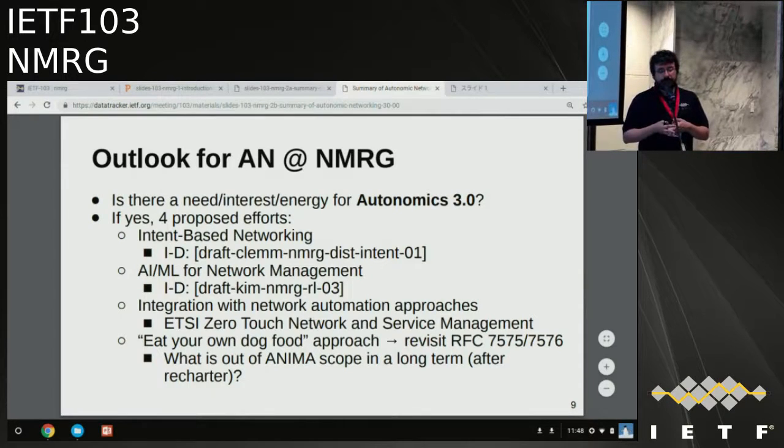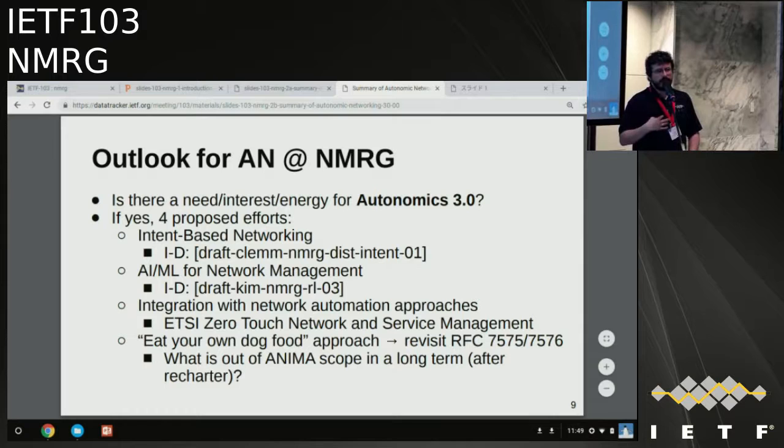The third possible effort would be an integration with a network automation approach, for example, zero-touch network, or other things that are perceived as important by other SDOs. And also, something that maybe can be interesting is to revisit RFC 7575 and 7576.